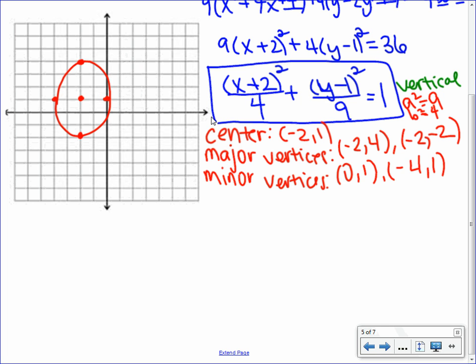We need our foci. C squared is, what is a squared minus b squared? So c is the square root of 5. Approximately how far is the square root of 5?